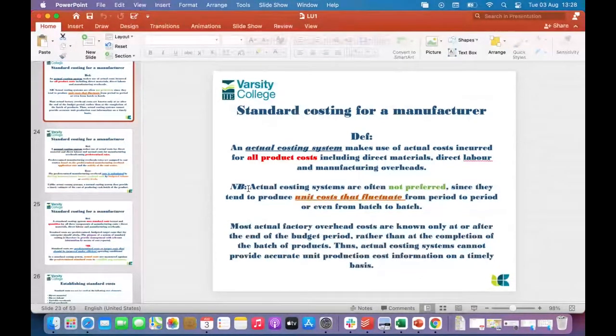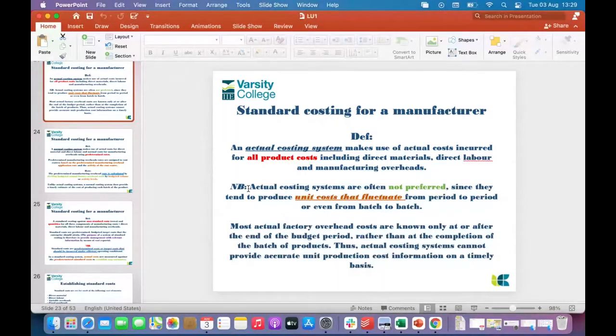This is pretty much the same as traditional costing that we saw in 2A. Actual costing systems are often not preferred since they tend to produce unit costs that fluctuate from period to period, or even from batch to batch. Most actual factory overhead costs are known only at or after the end of the budget period.